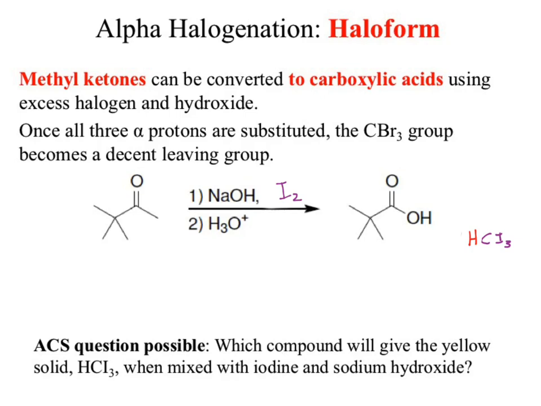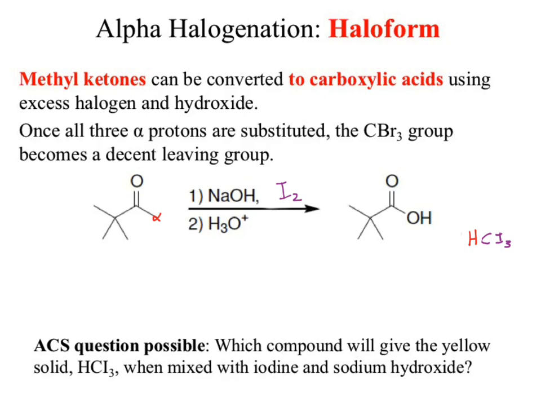It's not acidic, so no. The deprotonation, yes. Where? At our alpha position. Our starting ketone needed to have how many hydrogens? 3, so that I could get 3 iodines attached.